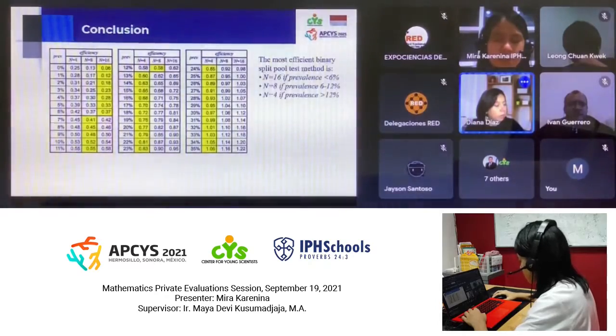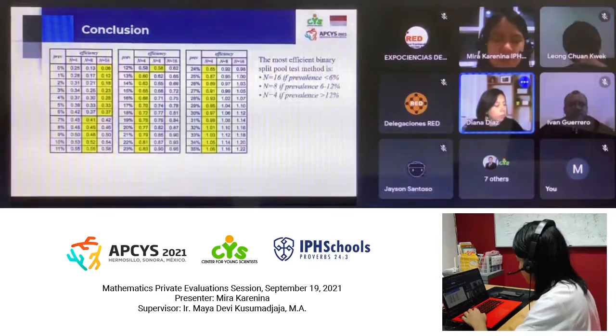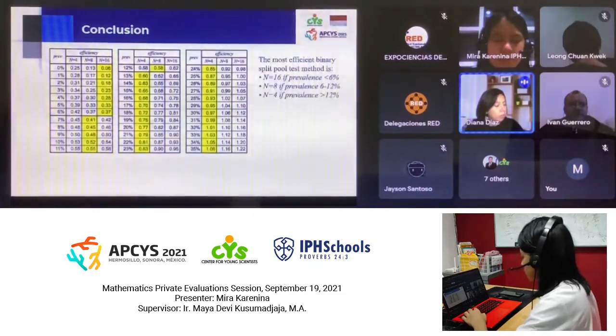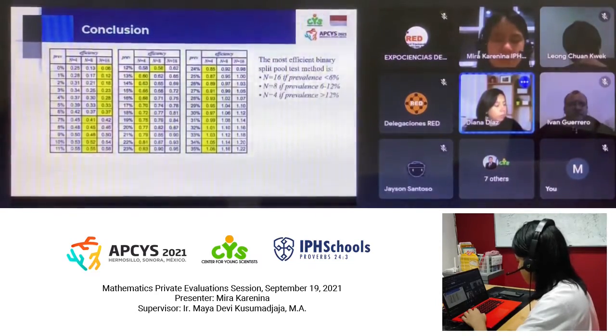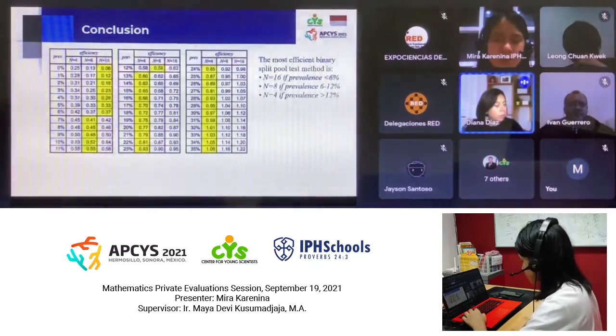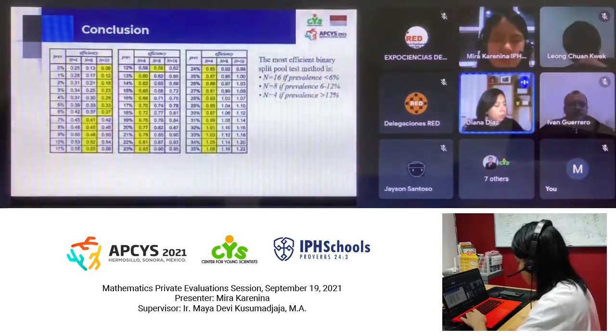Have you thought of a way to improve the efficiency? Because these tests are very expensive, no? The more efficient the method, the more savings, no? So have you thought how to improve the efficiency of the method or in this application?